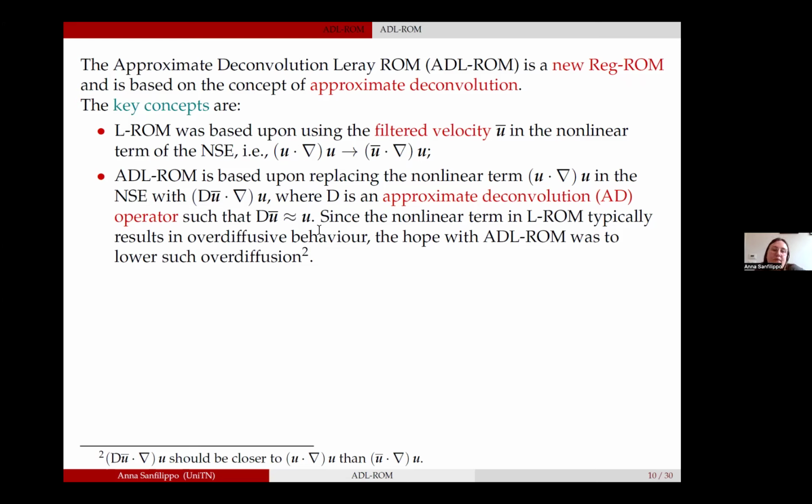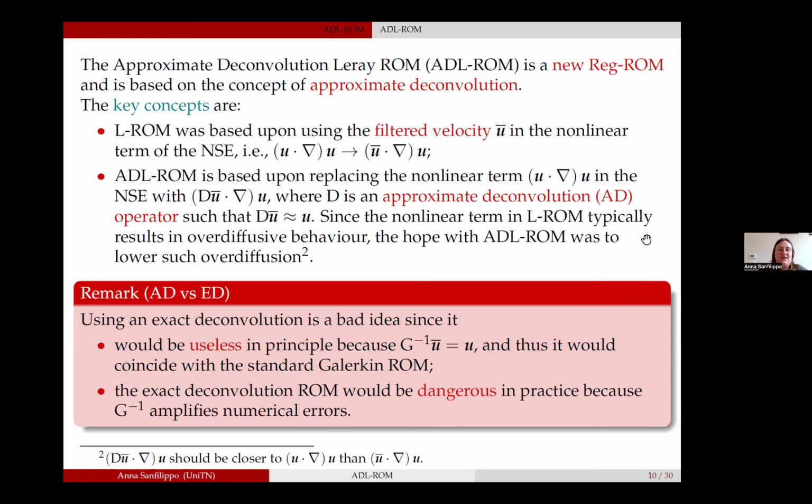So now, one question is why use approximate and not exact deconvolution? The reasons are two. The first one is that in principle it would be useless, since G-1 would give us the reduced velocity itself, and so it would coincide with the standard G-ROM, with all the problems of standard G-ROM, like numerical inaccuracy.